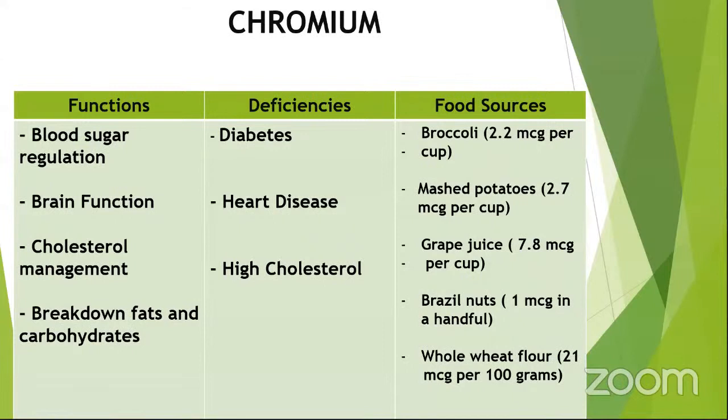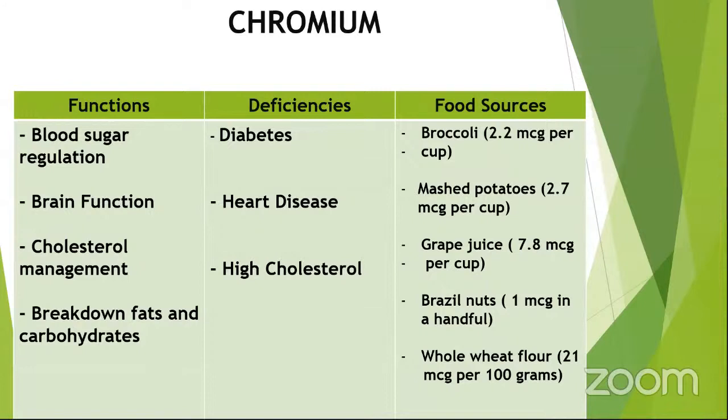Chromium. Functions of chromium. Chromium helps blood sugar regulation and brain function. Now, if you're deficient in chromium, you can suffer from diabetes, certain heart disease, and have high cholesterol.